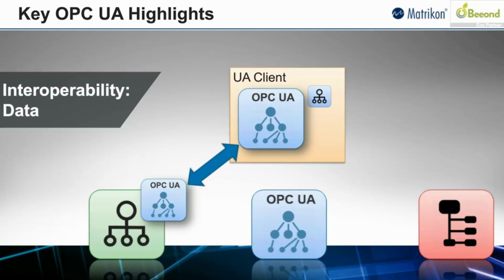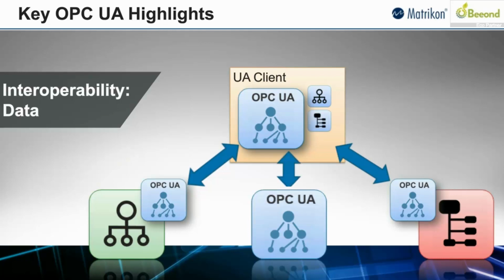So that allows the UA client to start connecting to various devices which have different information models and still traverse them and work with those models as though they were native, as opposed to having to pick them apart or hard code the model into the UA client. It can discover and work with the model that it happens to find on the UA device it's connected to.